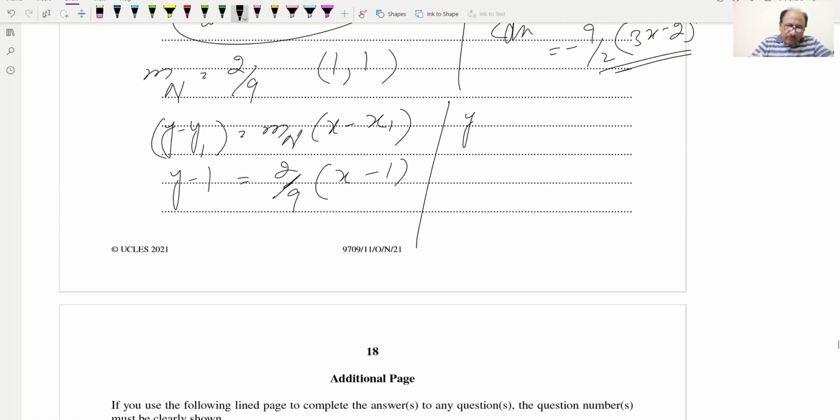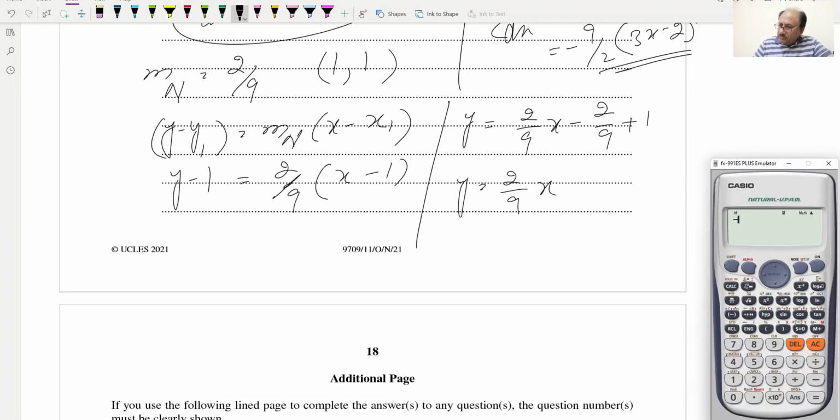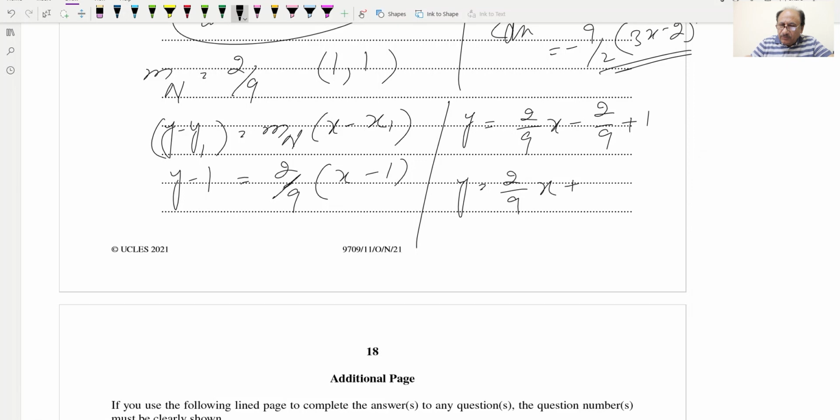So y is equal to 2 by 9 x minus 2 by 9, and this minus 1 we shift to the other side, so it will be plus 1. Y is equal to 2 by 9 x minus 2 over 9 plus 1, which results in plus 7 over 9.